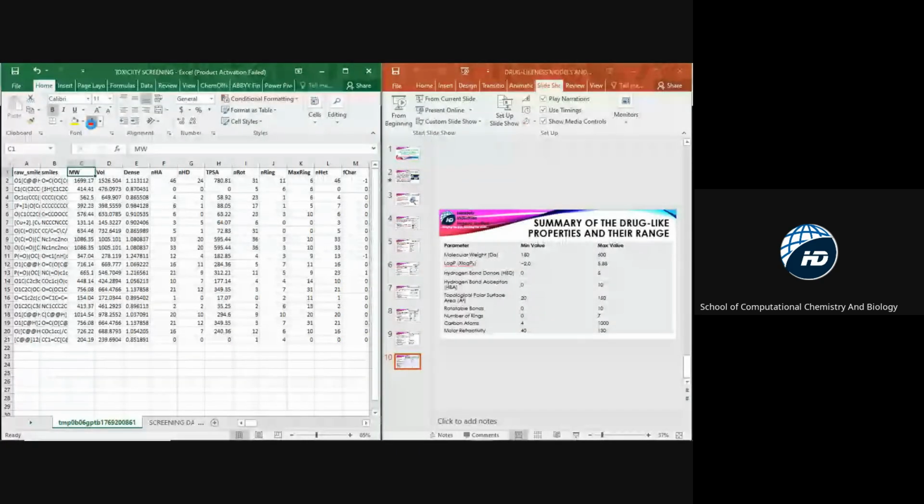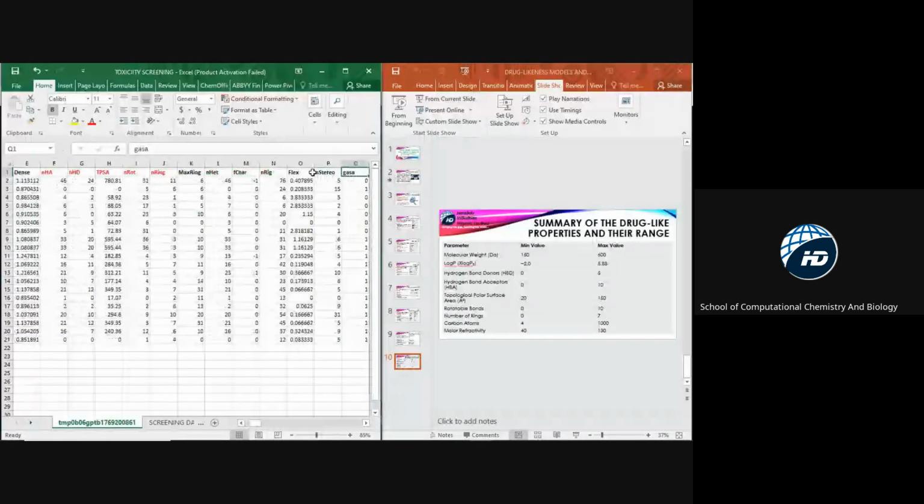Hydrogen bond donor is among. TPSA is among. Number of rotatable bonds is among. Number of rings is among. Which other one again?